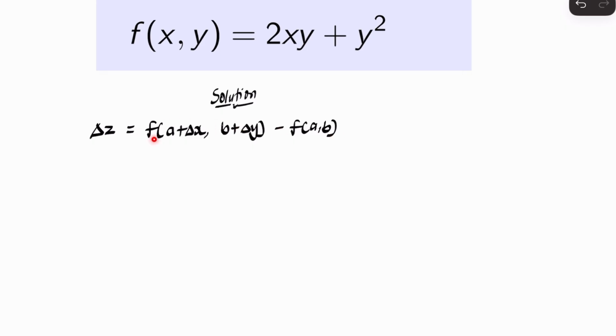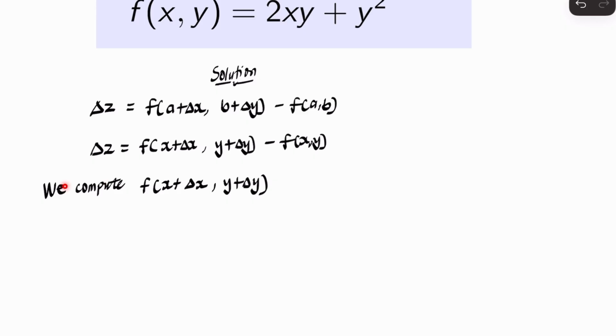From this question, we don't have a and b, and so the increment gives us delta z equal to f of (x plus delta x, y plus delta y) minus f of (x, y). Based on this expression, we need to compute f of (x plus delta x, y plus delta y).